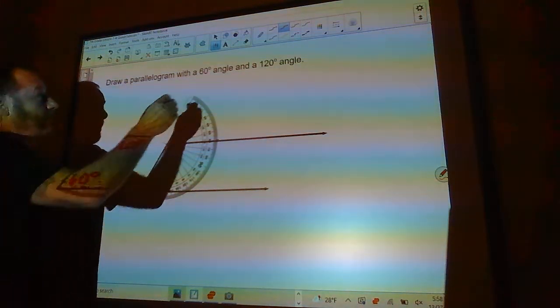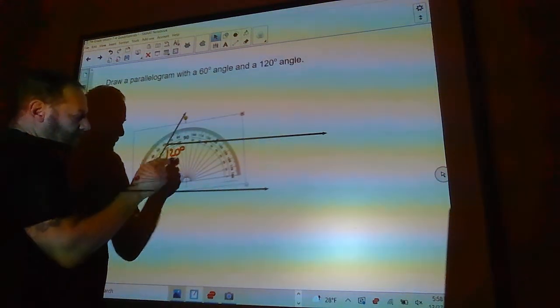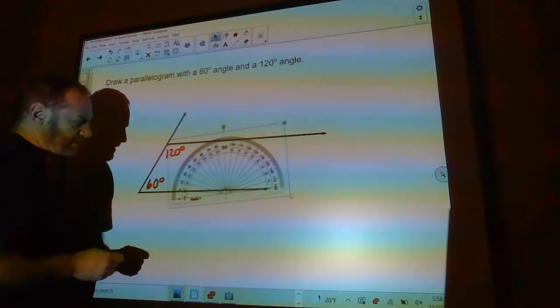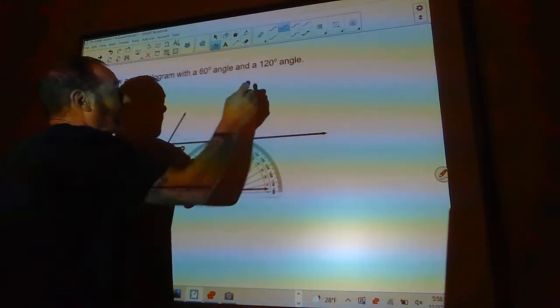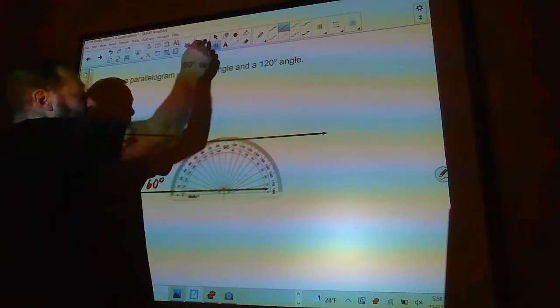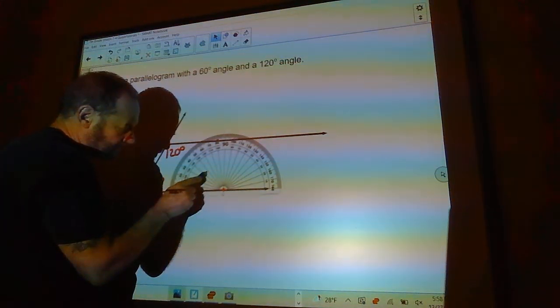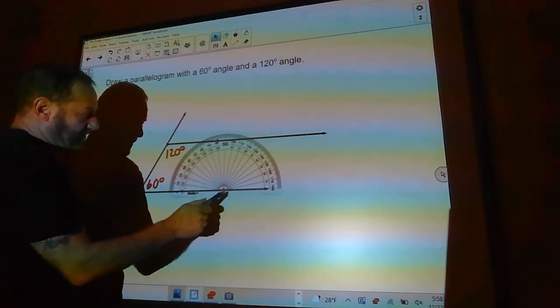Okay, now I'm going to take my protractor. I'm going to go down here again, and I'm going to just pick a spot. It doesn't matter where. I'm going to go ahead and put that right there. And I'm going to move my protractor right under there. I'm going to measure. Now this angle is 120, so this has got to be 120.